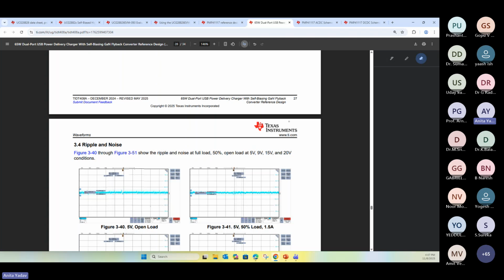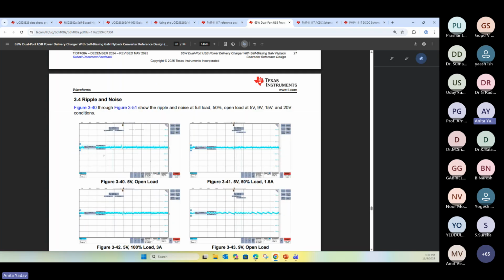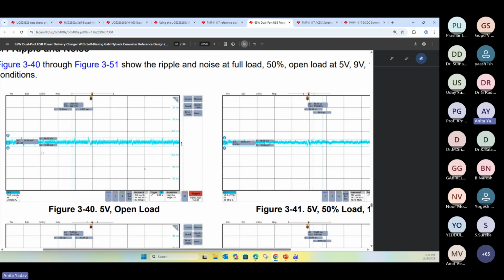Those caps have especially very low ESL and low ESR, which helps give a correct measurement; the extra noise is suppressed. This ripple and noise is basically coming from the ESR of the output cap, and it's very low. And there is a standard which we need to pass.